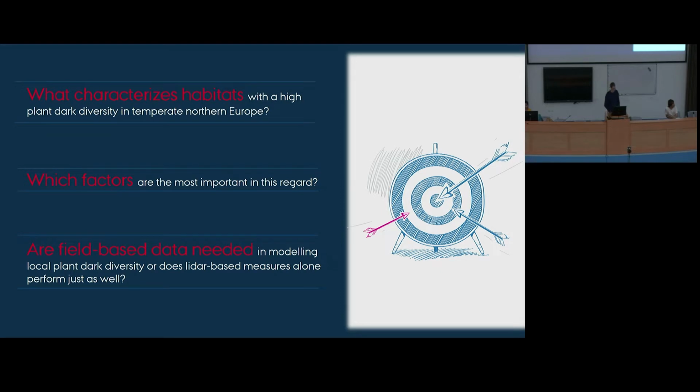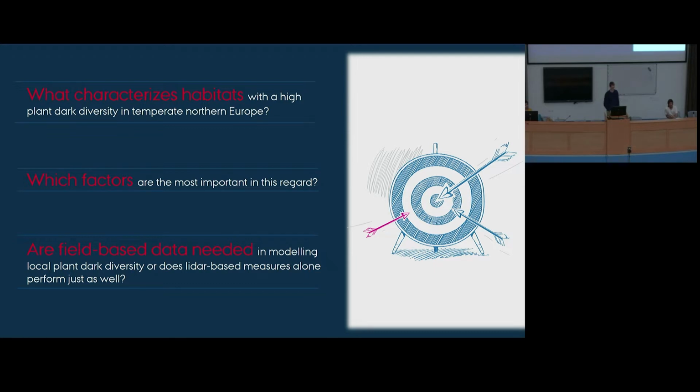And these are the aims of our study. First of all, we wanted to see what characterizes the habitats with a high plant dark diversity in temperate northern Europe. And this is what I call high dark diversity habitats.